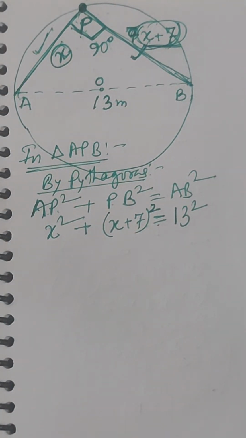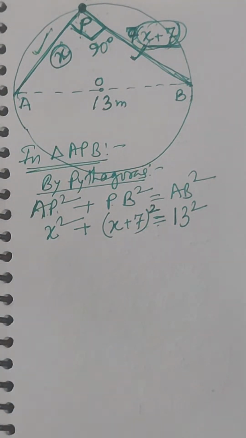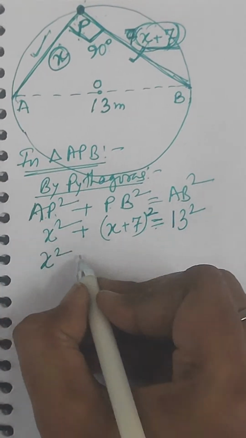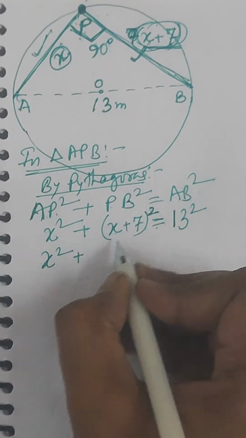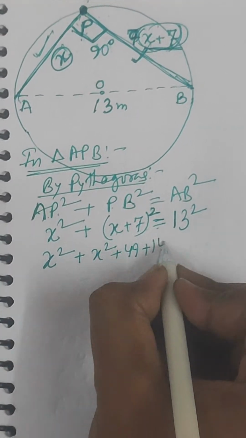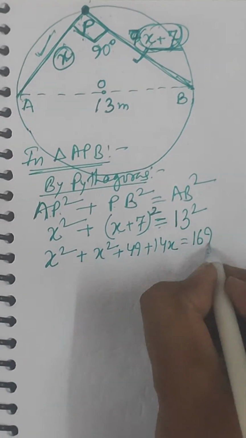Hi Virendra. It's a quadratic equation, class 10th. So just solve it. Expand using the (a plus b) square formula. It will be x square plus 49 plus 14x is equal to 13 square, which is nothing but 169.